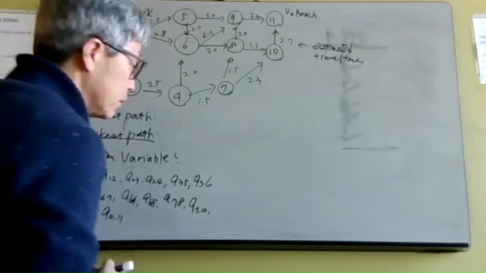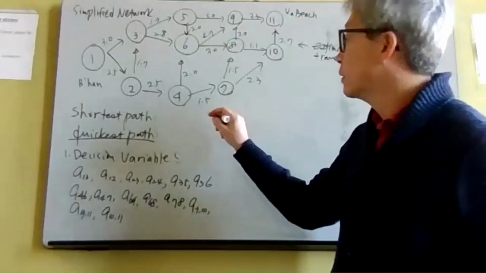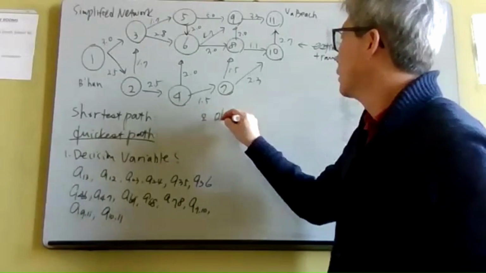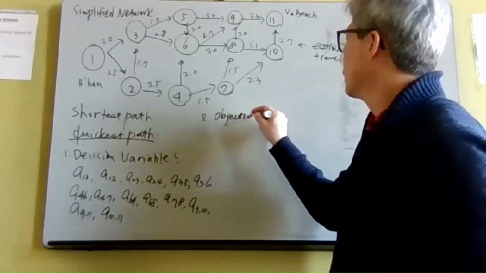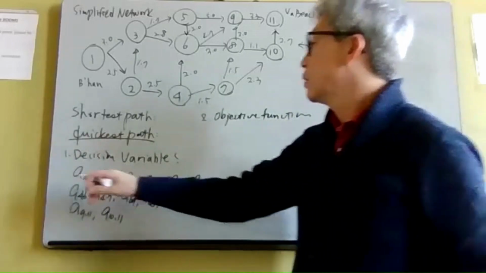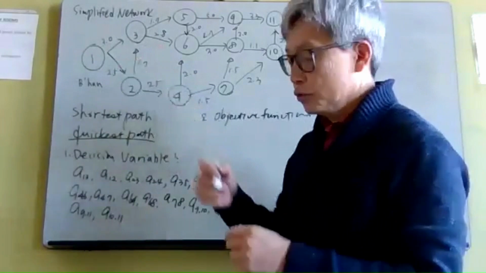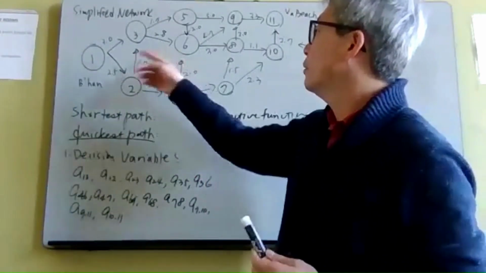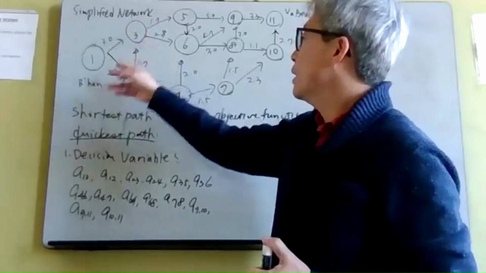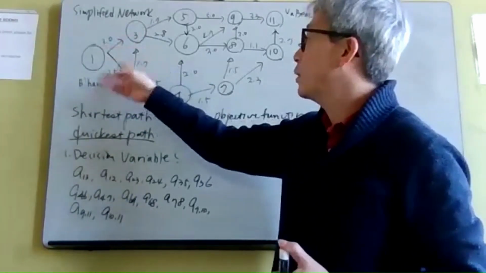So the second thing we need to define is the objective function. For example, from 1 to 3, if you choose to travel through 1 to 3, then you cannot travel 1 to 2, because you only select either one.